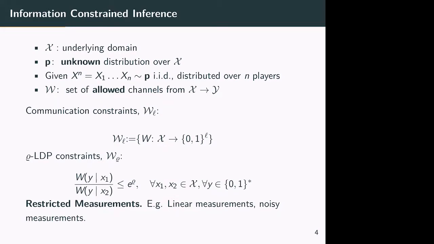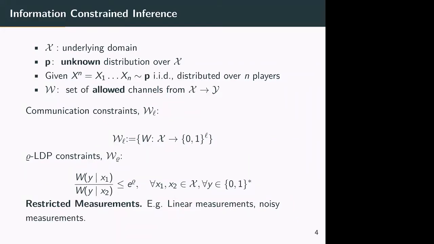Okay. So why do we consider this framework? It is because it can capture many kinds of constraints. The easiest, for example, is if we look at all channels whose output set is L bit strings, {0,1}^L, then it captures communication constraints. The W_L is communication limited channels. If you want to consider private channels, then you can just consider W_rho.